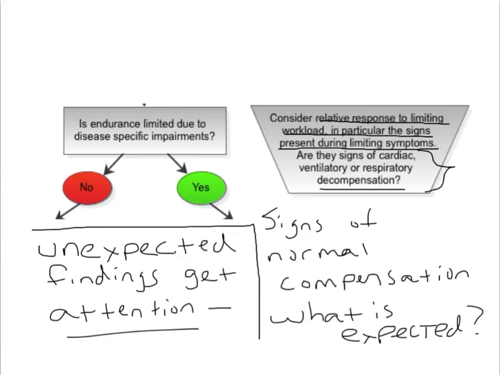And the major point here is that unexpected findings get attention, and that signs of normal compensation is what is expected. So we're now covering what normal compensation, what normal response to activity would be in the cardiopulmonary system.